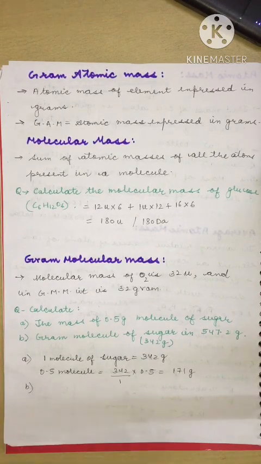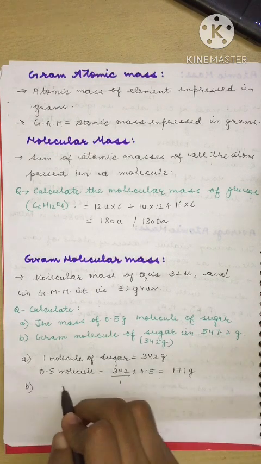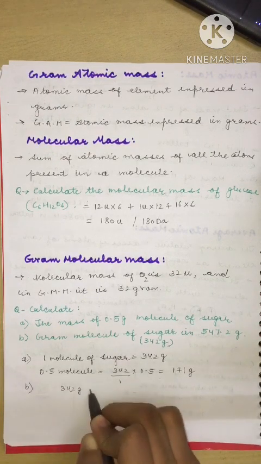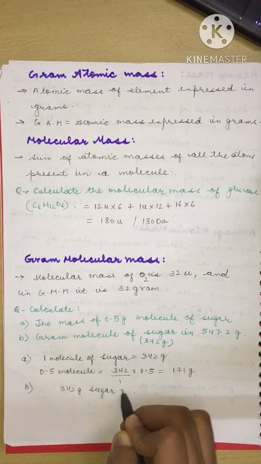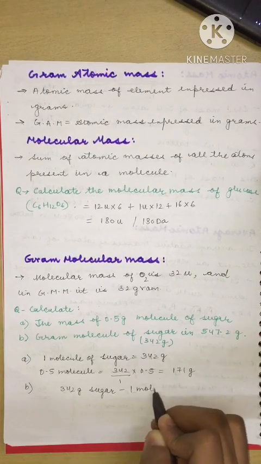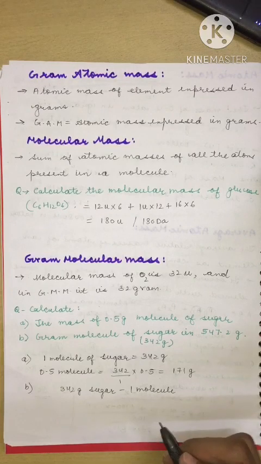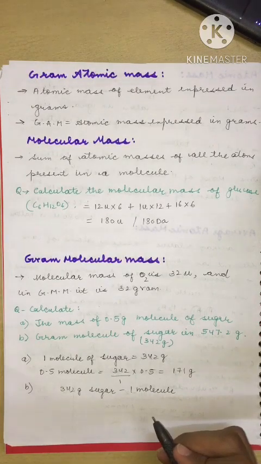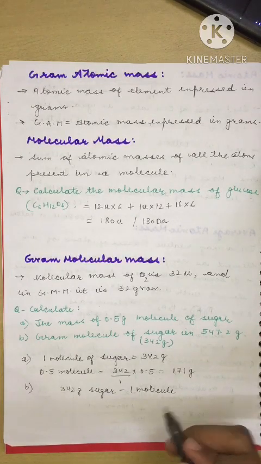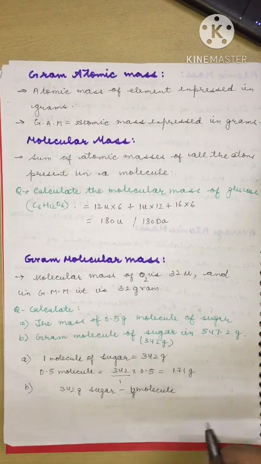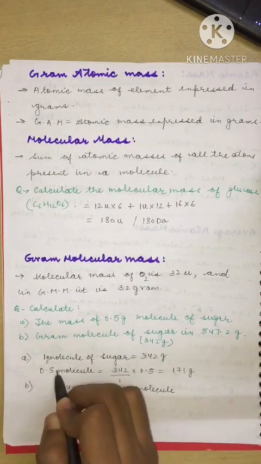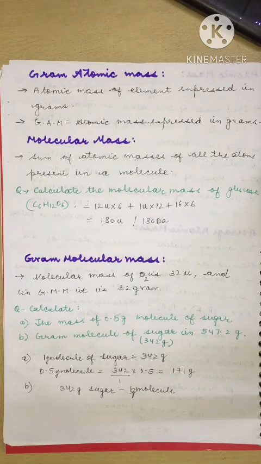Second question, we have to calculate the gram molecules of sugar in 547.2 gram. We already know that 342 gram of sugar contains 1 gram molecule, because one molecule is very small, it is a gram molecule.